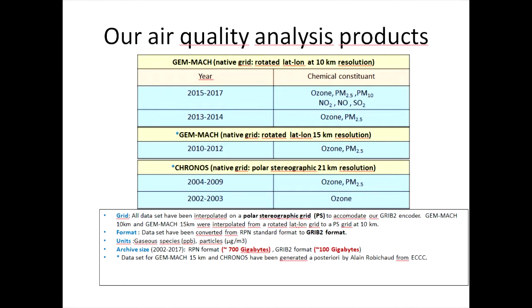Then PM2.5 was added a little bit later, and we started to run in operations and to produce more continuous data sets really in 2013. So since 2013, we have an operational data set that's really complete and valid. And in 2015, we added a few other species such as PM10, NO and SO2.